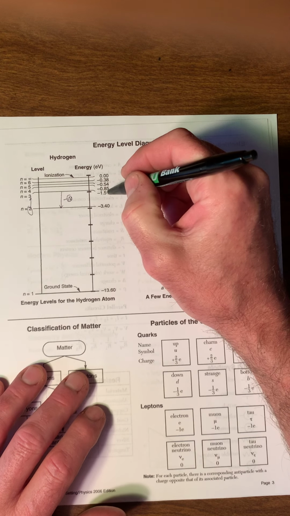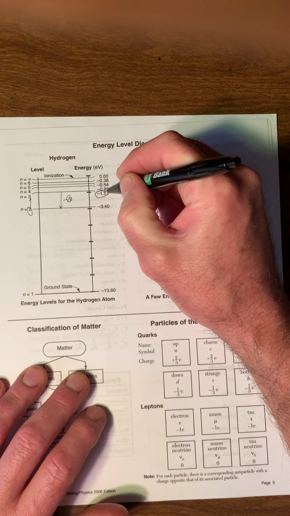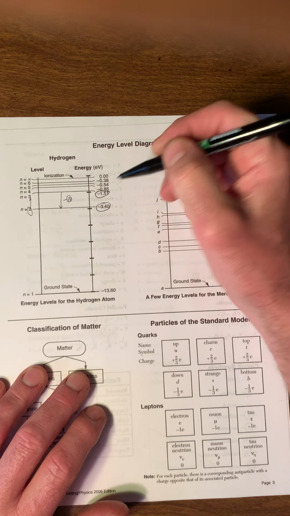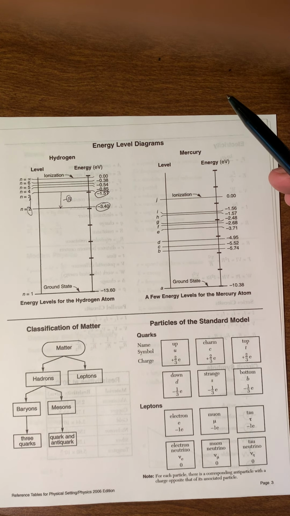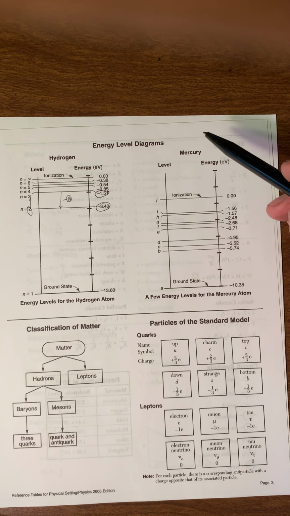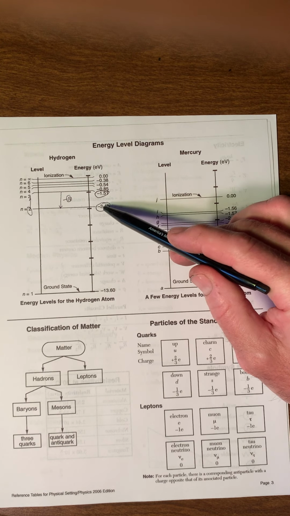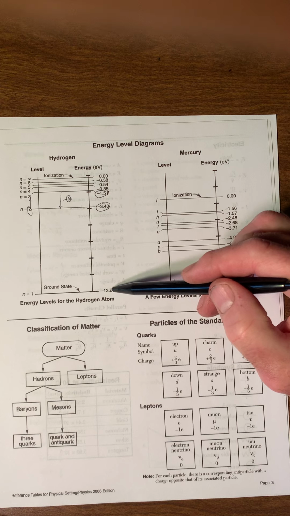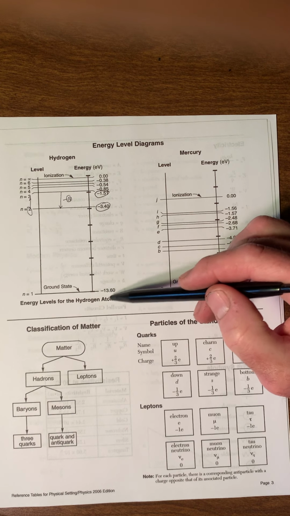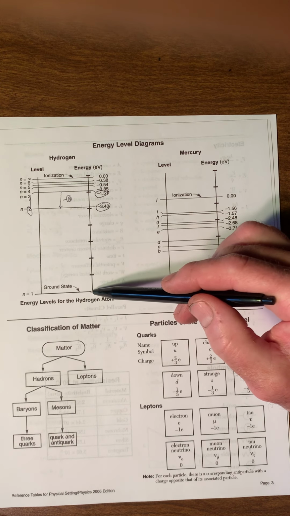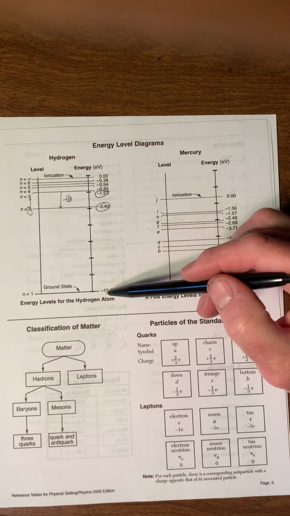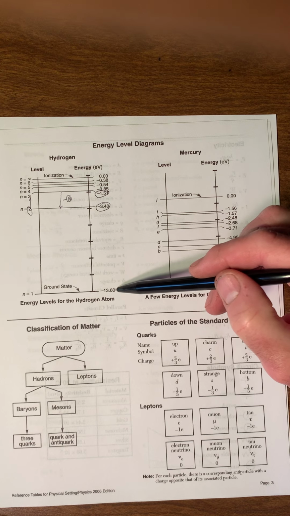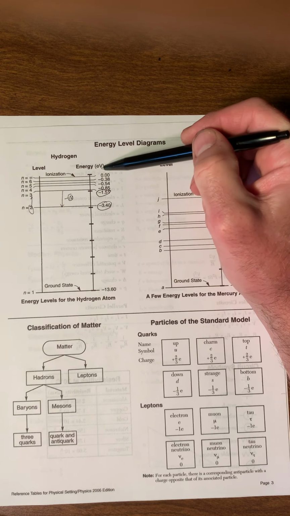I know that in dropping from here to here, the electron actually loses energy. It looks like it gains it, but if you look at that negative sign, it's actually losing it. This is a deficit of energy, is what it would take if you took an electron in the ground state, the n equals 1 level, and gave it 13.60 electron volts, which is a unit of energy.